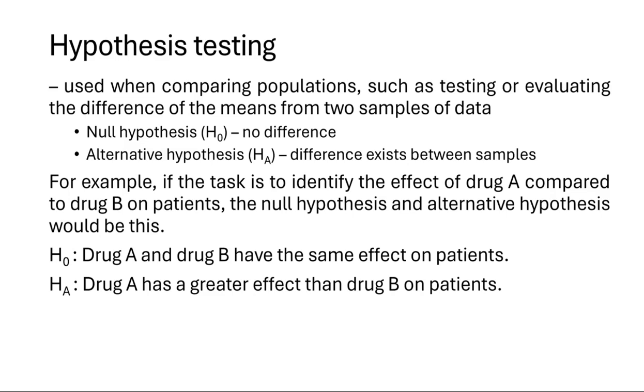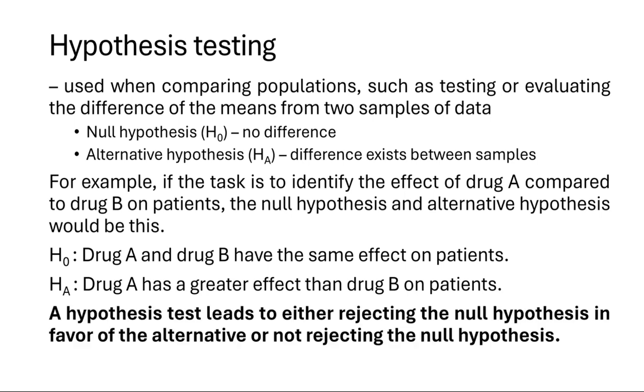So drug A and drug B having the same effect on patients is assumed as H0, and in HA it is assumed that drug A has a different effect than drug B on patients. So this is a way of fixing your null hypothesis and alternative hypothesis to perform hypothesis testing. The solution can be achieved by either accepting the null hypothesis or by rejecting the null hypothesis.